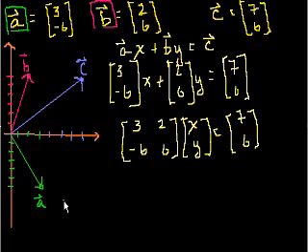Now, how does that work out? Well, think about how matrix multiplication works. The way we learned it, 3 times x plus 2 times y is equal to 7.